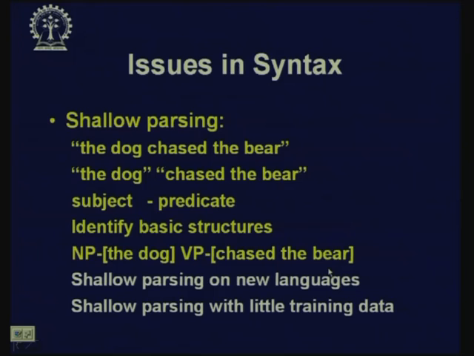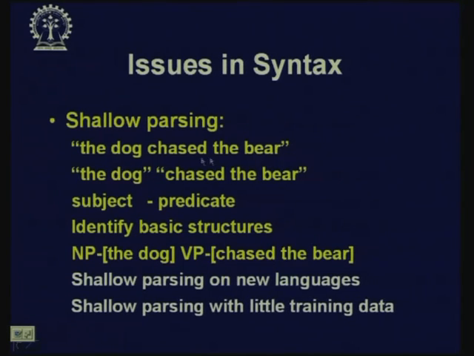Now, there are more issues in syntax. Say we would like to do shallow parsing, where we just want to find out which one is a subject, which one is a noun phrase, etc. So, for example, the dog chased the bear. This is a sentence.